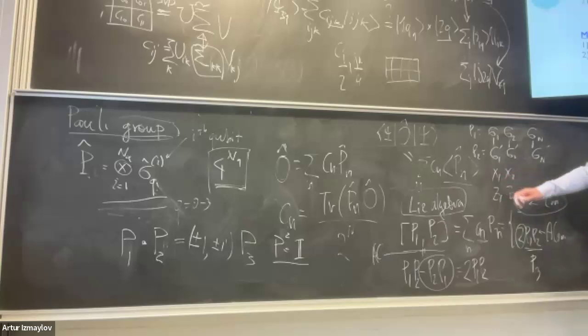If the number of non-commutativities is odd, they will anti-commute. For the odd situation, we could do, for example, X1, Z1, which don't commute, and then the other pair commutes, so that is an odd number of non-commutativities. That will be the anti-commuting case.